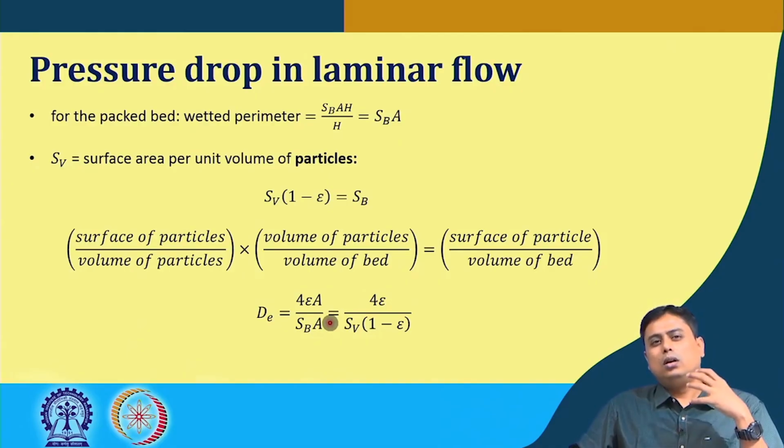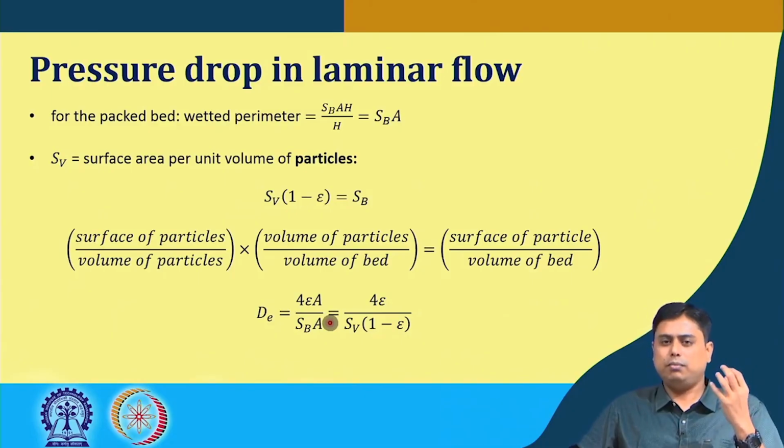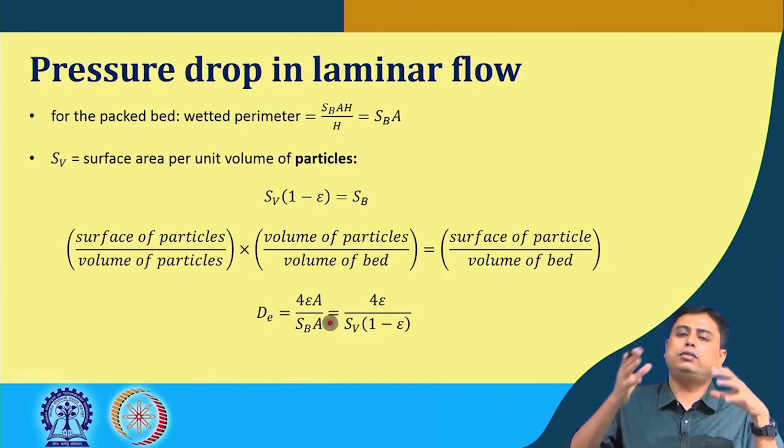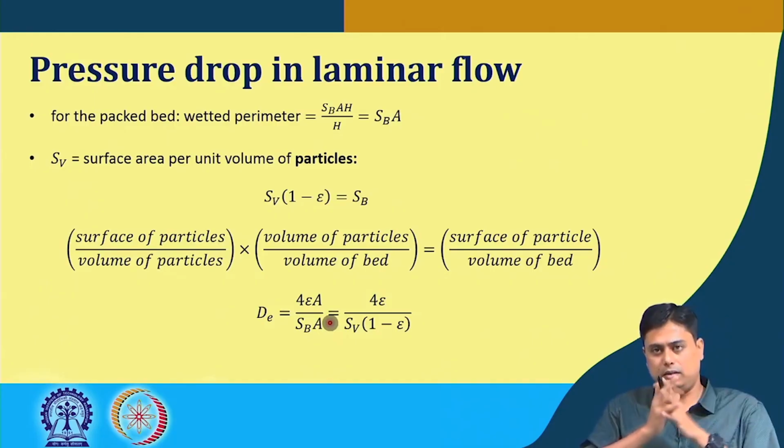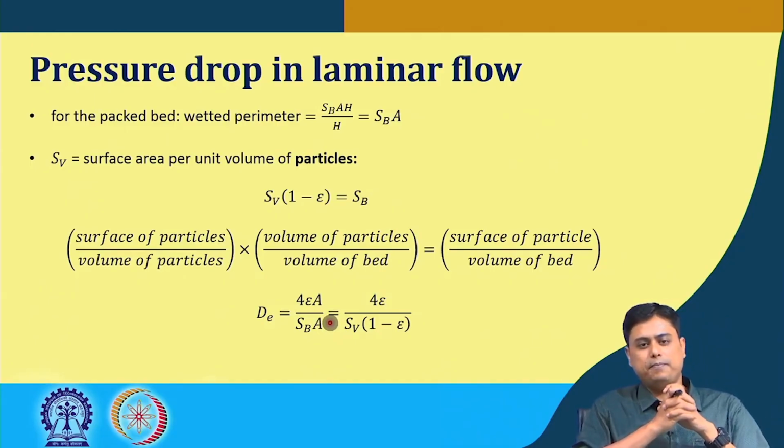So that is why we have converted that, because we are finding a generic expression, irrespective of whatever the particle shape is, so that we can understand how much the pressure drop will be across a bed of different types of particles, as the shape can be of different types.